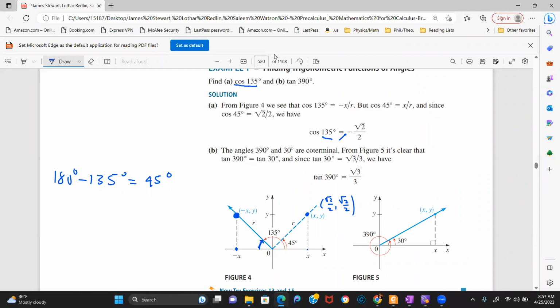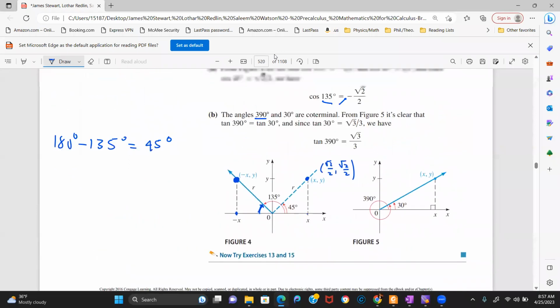All right, so now we want to take tangent of 390, but 390 is the same thing as 360 plus 30. So the 360 means you start with this ray right here, the x-axis, and you rotate all the way around.